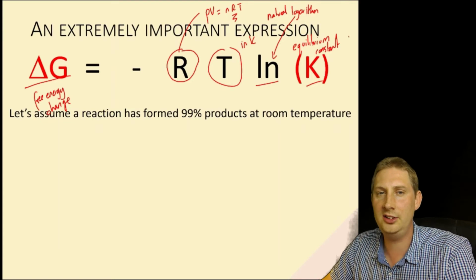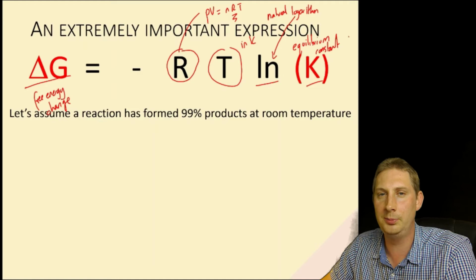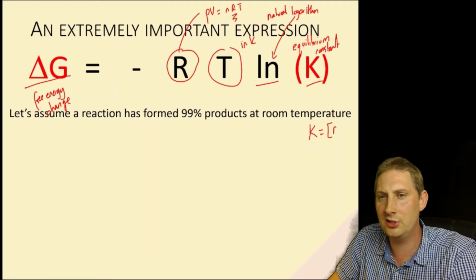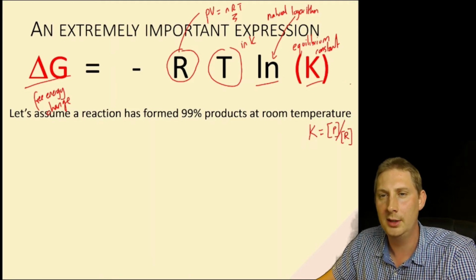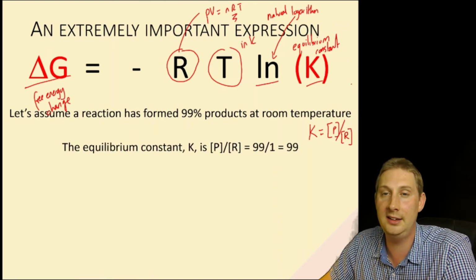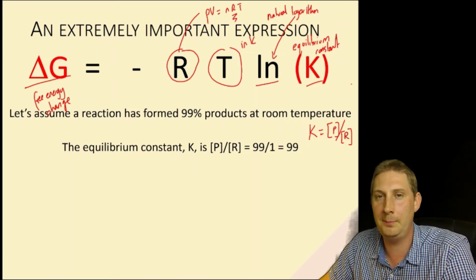So, first, let's assume a reaction has formed 99% products at room temperature. Well, we know that the equilibrium constant K is the concentration of products over the concentration of reactants. So, under this condition, the equilibrium constant K is 99% over 1%, or 99 moles over 1 mole, which is 99.